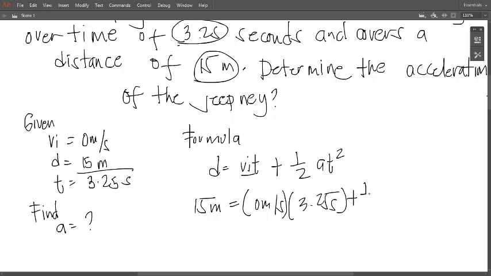Plus 1/2 times the acceleration, which is the problem, but we'll just write a here even though it is unknown yet, times 3.25 seconds for time squared.